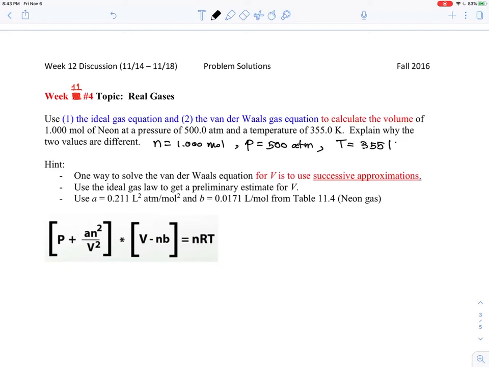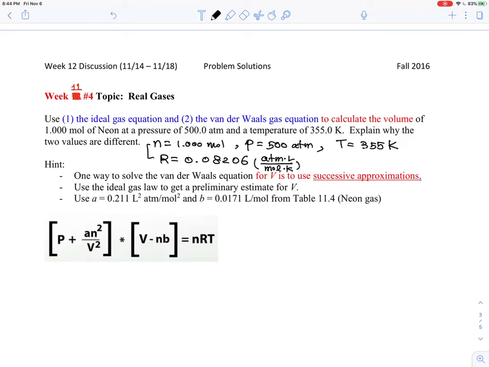355 Kelvin. Okay, so naturally my choice for R must be 0.0821, or sometimes if you look at it, 0.08206 atm liter per mole Kelvin, right?